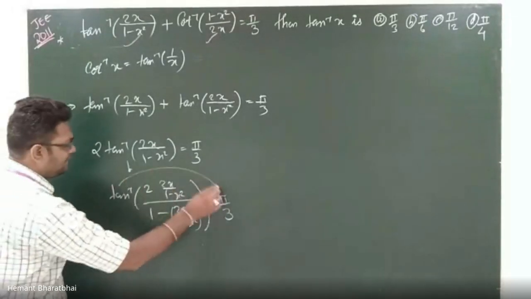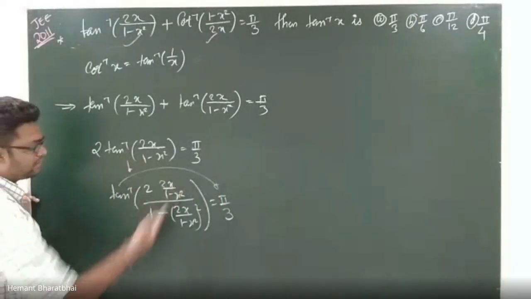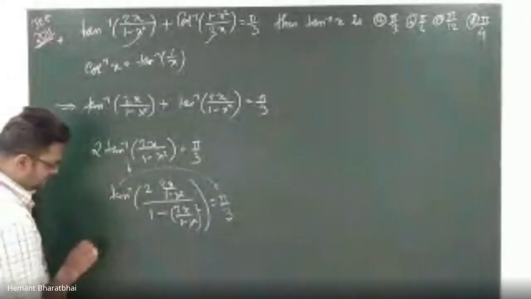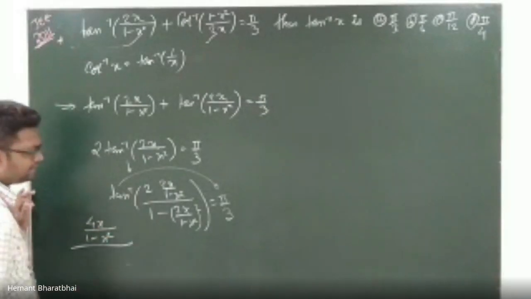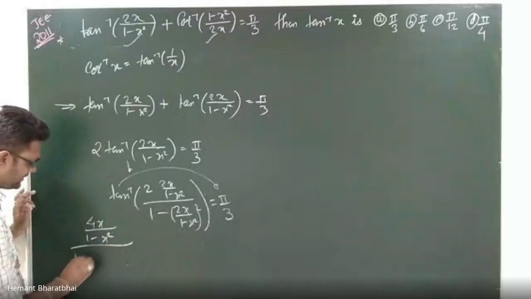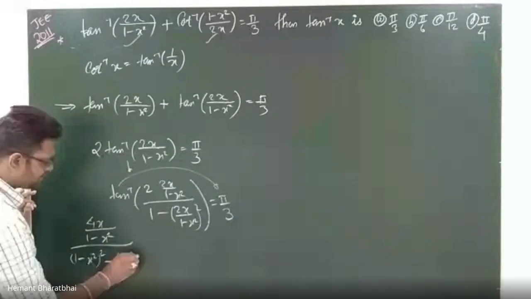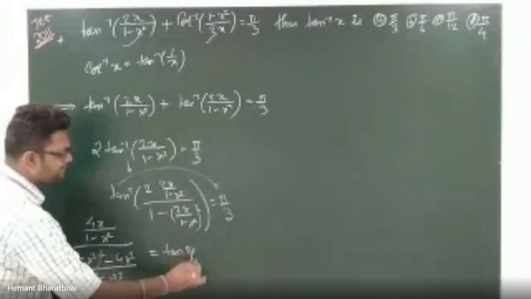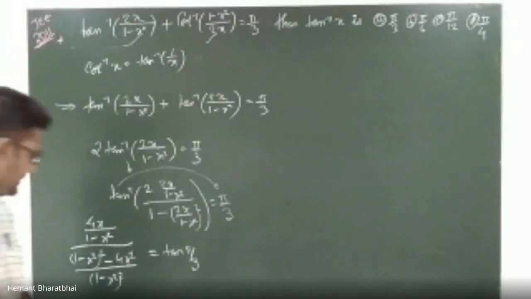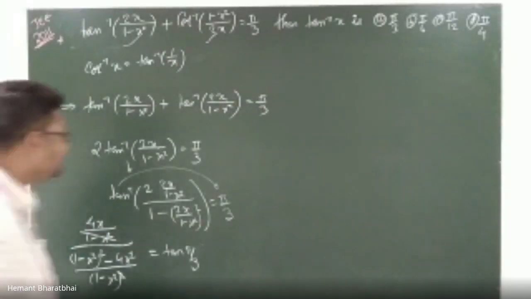Okay, I'll take this term over there. So tan inverse goes over there, so it will become tan, and here I'll get 2 into 2, so that is 4x upon 1 minus x square, the whole upon, if I take LCM, 1 minus x square, the whole square, minus 4x square, the whole upon 1 minus x square, the whole square, is equal to tan of pi by 3. So this and this will get cancelled. 1 minus x square will come up.